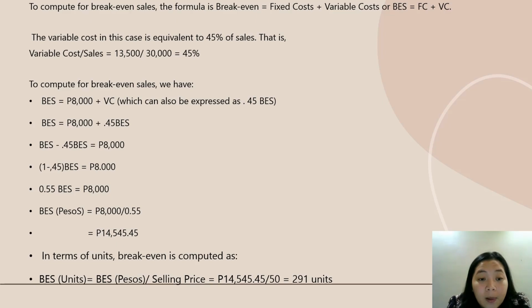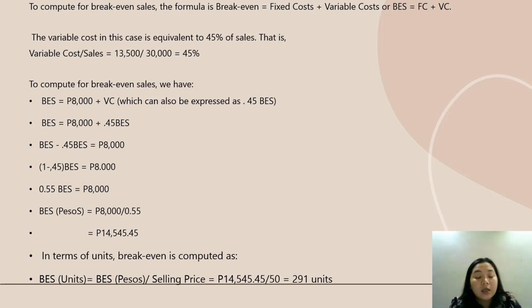The BES is converted to 1, and then we copy the minus 0.45 BES, which equals 8,000. So 1 minus 0.45 equals 0.55. 0.55 BES equals 8,000.